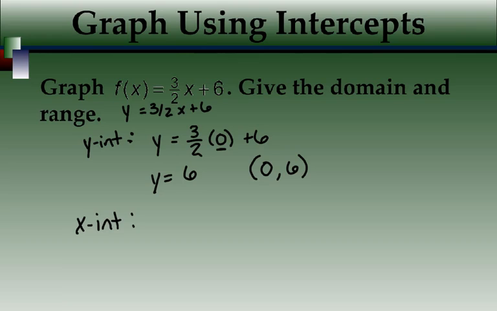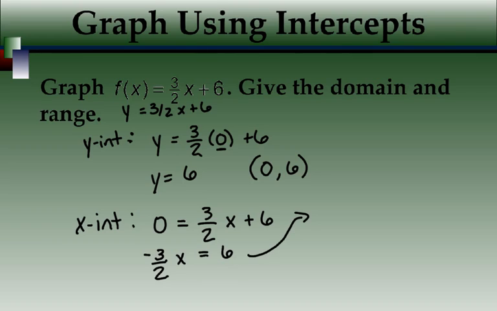And our x-intercept, this is how we're going to solve for it. We're going to plug 0 in for our y value. So I'm going to go ahead and set it equal to 0 equals 3 over 2 x plus 6. And then we solve for x. So go ahead, subtract 6 on both sides, and then that will give us negative 6 equals 3/2 x.